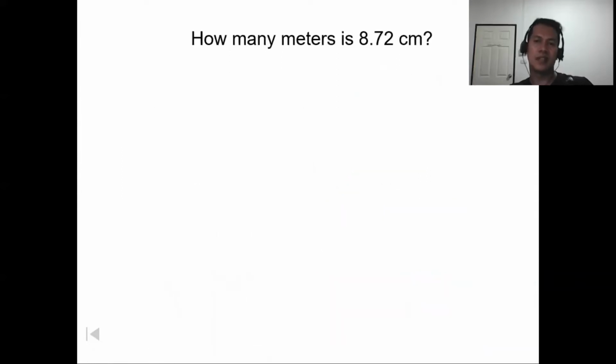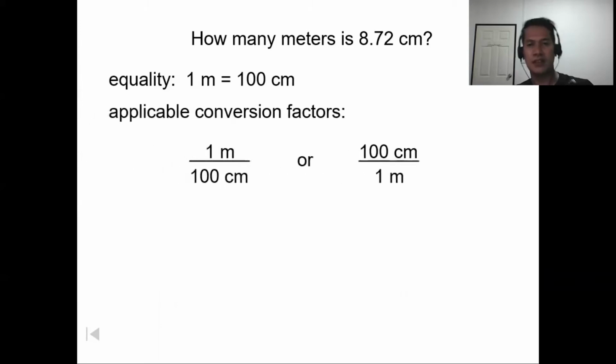Another example. This time, we're going back to centimeter to meter. How many meters is 8.72 centimeters? Our equality is 1 meter equals 100 cm, and you have two forms of conversion factor right here. You can write it either this way or this way. They are both the same, but we have to choose which one.